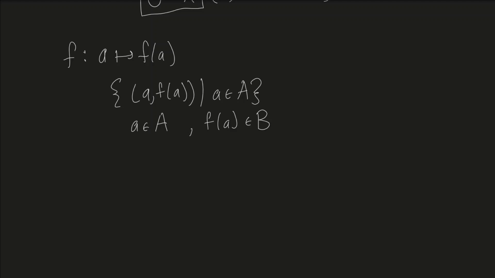Well, that was exactly A cross B. So here's where I'm fulfilling my promise about the connection to Cartesian products. We have this representation of the function f as a subset of the Cartesian product of the domain and range. So we can think about the function as these ordered pairs of an argument along with its corresponding value.